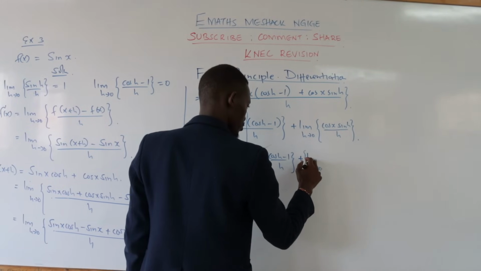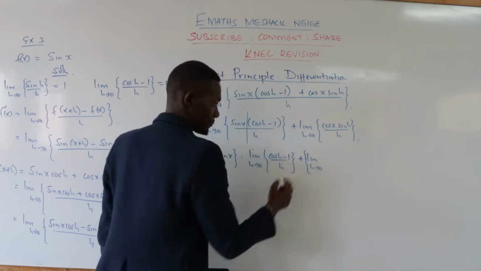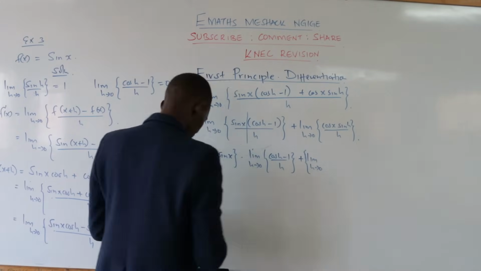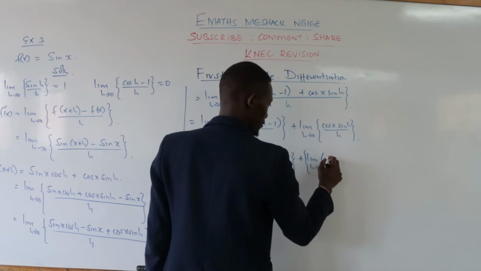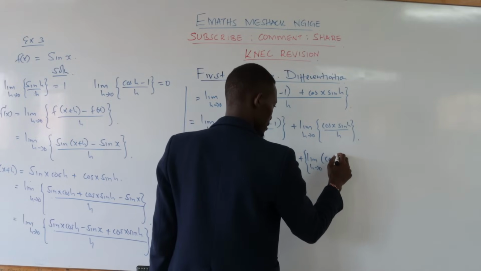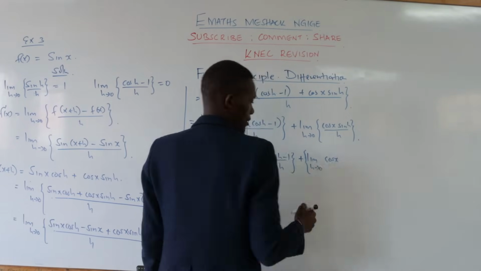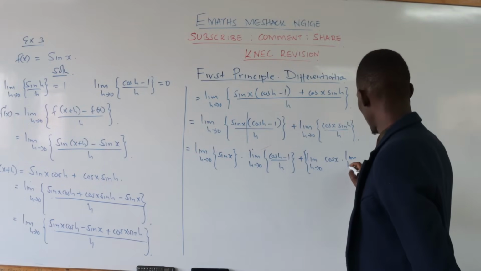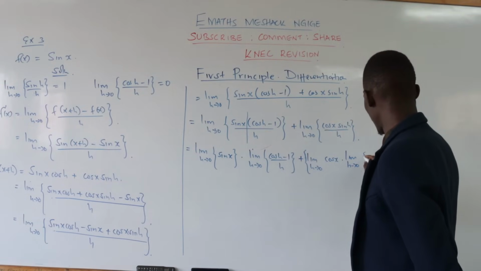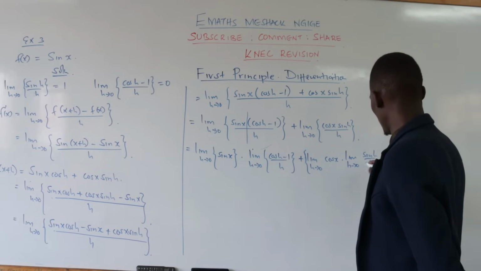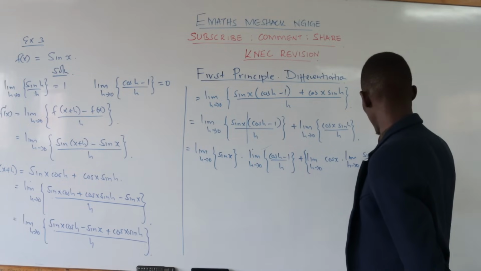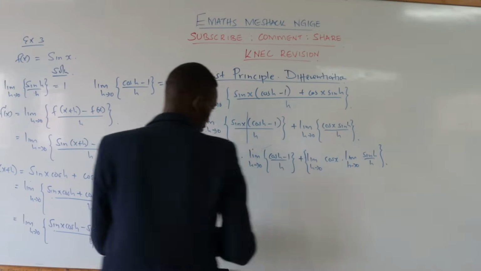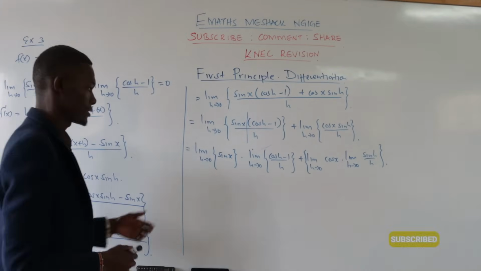So we can put that into a bracket. Okay. Then split. So we have cos of x. So that is the first. Then multiply by the limit as h tends to 0, then we have sine of h over h. So we have that. So you can see we are just splitting the terms.